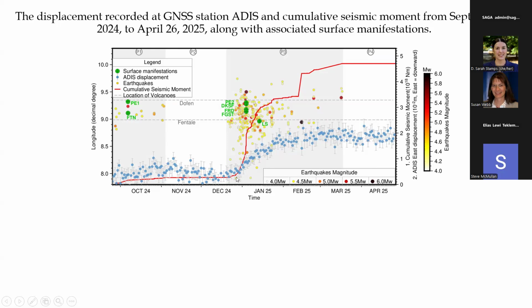At the beginning of December, when we had a large number of earthquakes, the Addis station also moved about 2 centimeters westward. It is interesting: this station is located 140 kilometers away, but it has sensed the movement, a far-field effect, and it has moved 20 centimeters.